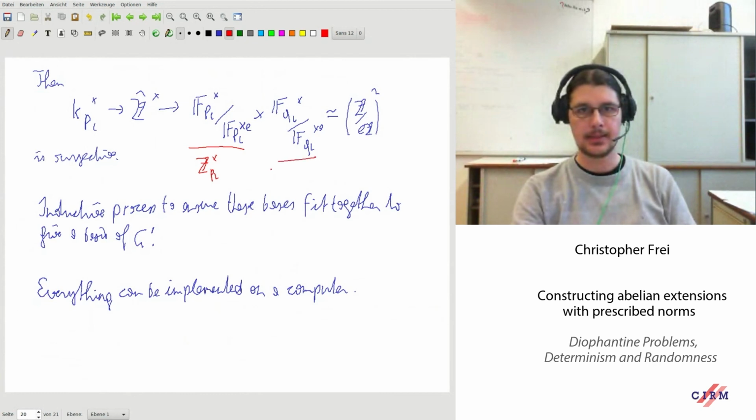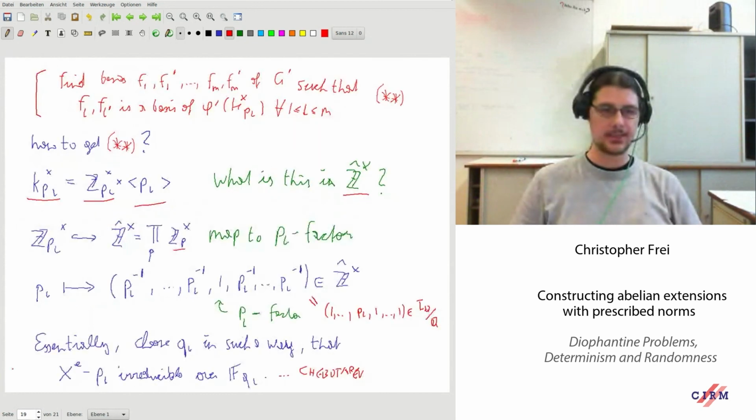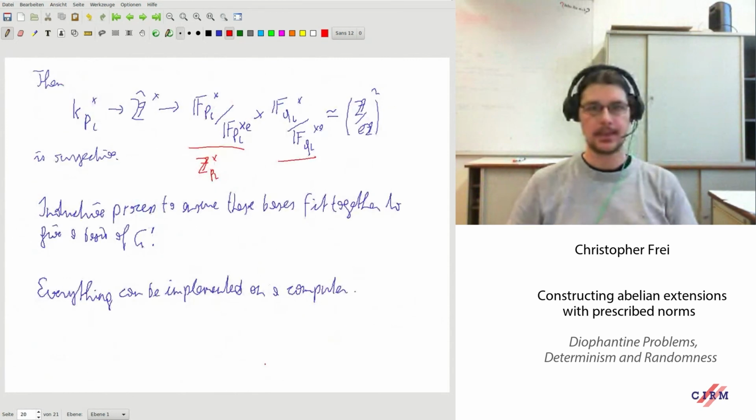And here, this condition that x to the e minus PL is irreducible over FQL guarantees that this is generated by the image of el itself. And therefore we are surjective up to here. And by the way, which I've chosen my primes, this is again isomorphic to Z mod E Z squared.